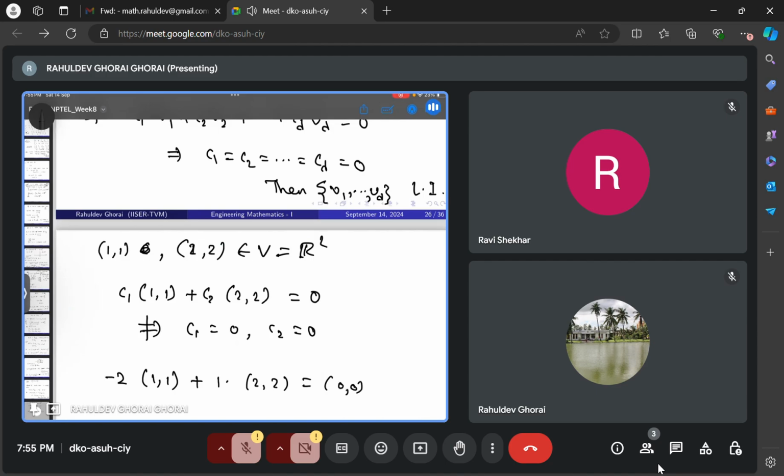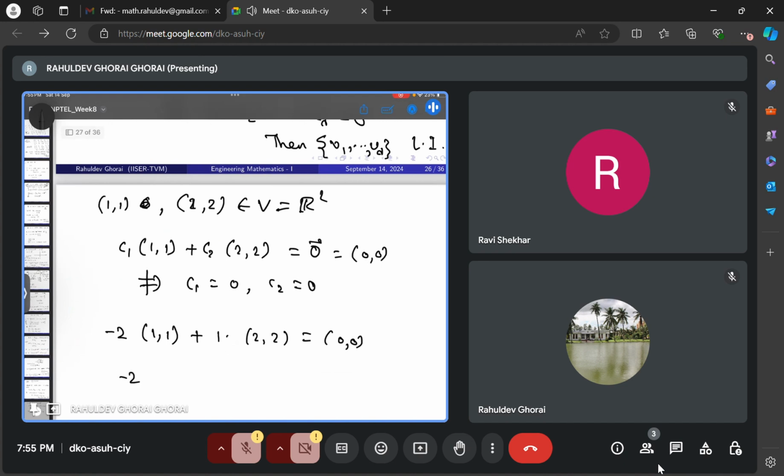When I write 0 here, it means the zero vector (0,0), where minus 2 is not equal to 0 and 1 is also not equal to 0. So we get coefficients that are non-zero; at least one of them being non-zero is sufficient.